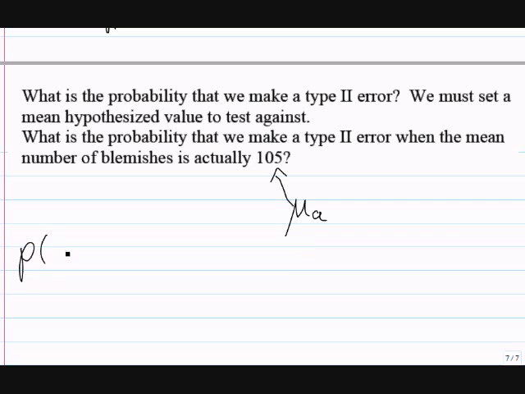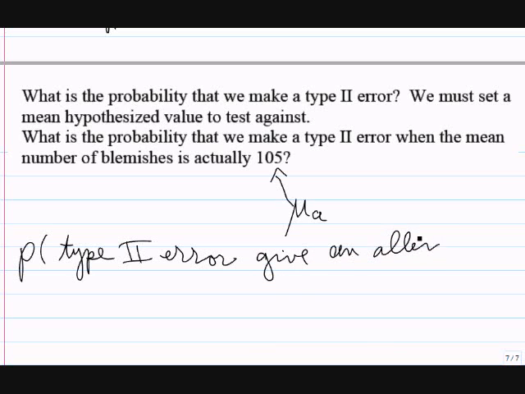My probability of finding the type 2 error given an alternative population mean of now we'll try 105. Where do I get this 105? You're usually going to have it given to you.